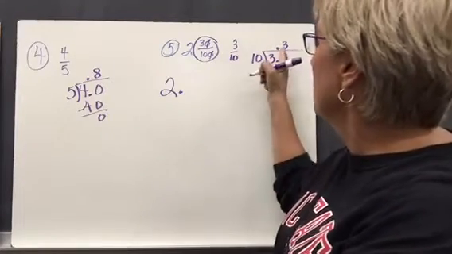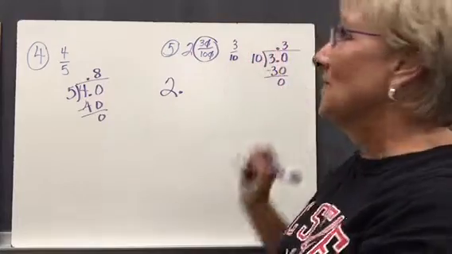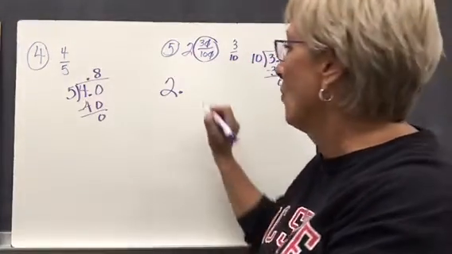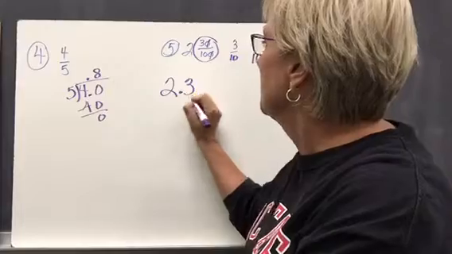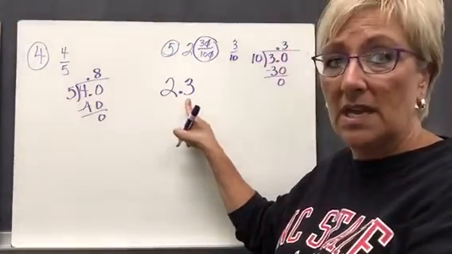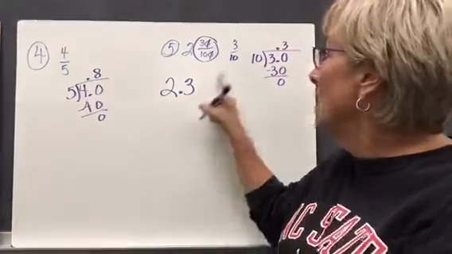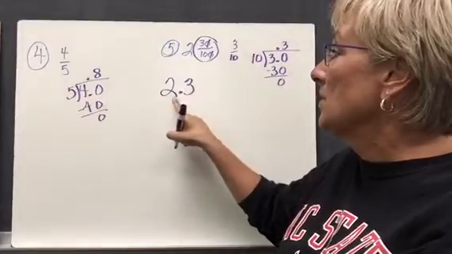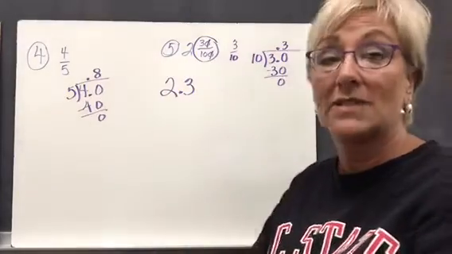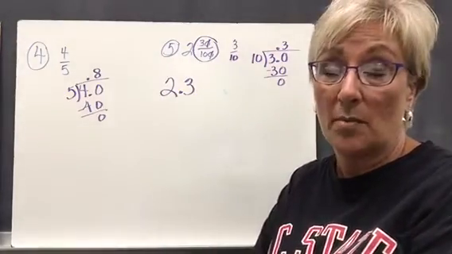So I know that 0.3 is the same thing as 3/10 in decimal form. All I have to do is come down here and add the 3 in behind the decimal, because it's 0.3, and all I did was bring down my 2 because I know 2 is the whole number.